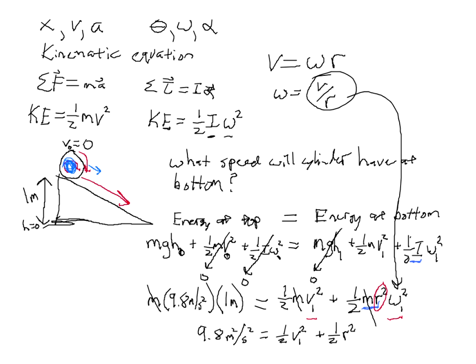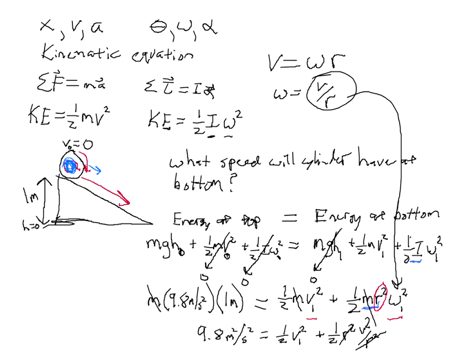Now, omega squared is v squared over r squared, based on what we did up there at the top. Okay, now look what happened. I have r squared, and I have r squared in the denominator. Those r's cancel. That's good, because I didn't tell you what r was.